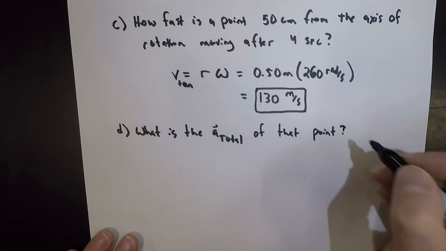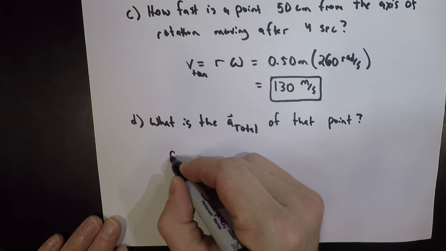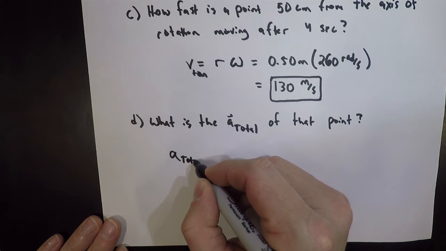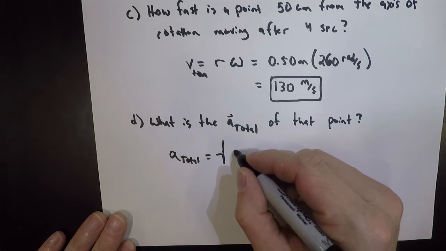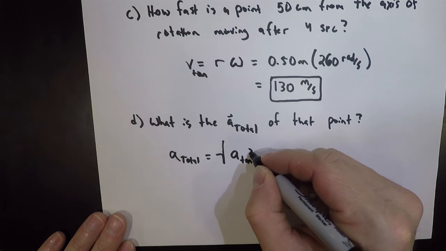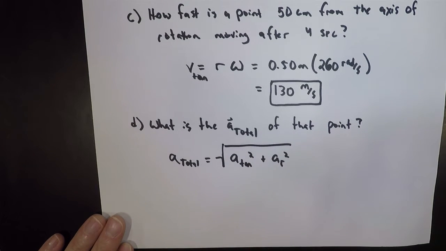You've got to watch out when you're finding an acceleration of a rotating object, especially one like in this problem. It's turning, so there's a centripetal acceleration, but it's also gaining speed, so there's a tangential acceleration as well. So total acceleration by the Pythagorean theorem is going to be my tangential acceleration squared plus my radial acceleration squared. We'll take the square root.